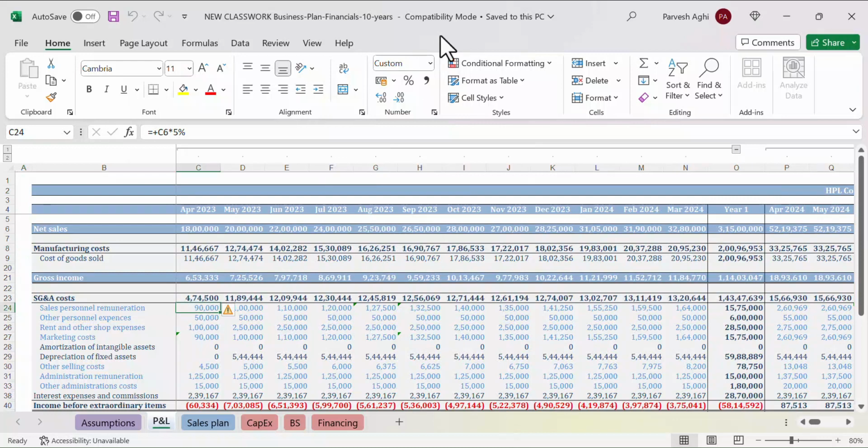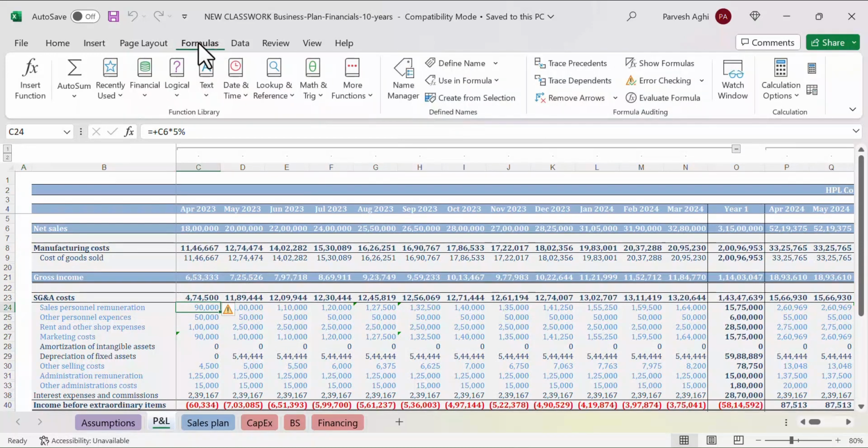I'm putting my cursor here and looking at the formula. Look at the formula: sales, 5%. I put the assumption inside it myself. So automatically this figure will come here. But this has been punched by me, I have just put in the formula. Is that okay?